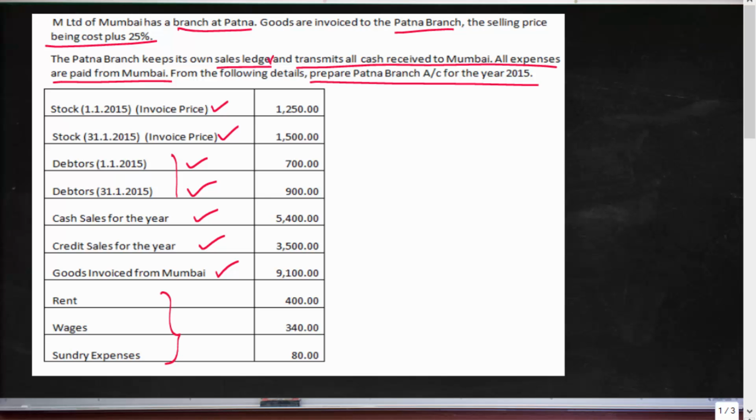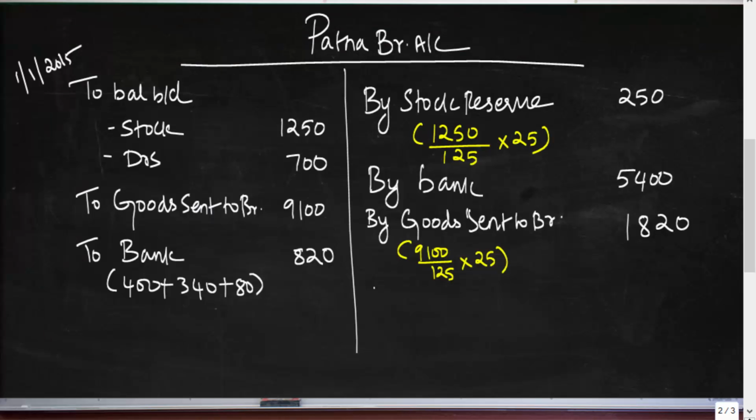Closing stock we have, it is 1,500. So we'll write here by balance carry down, and in that stock, what is the value of the stock? It is 1,500. So you simultaneously will also remove the profit that is included in the stock.